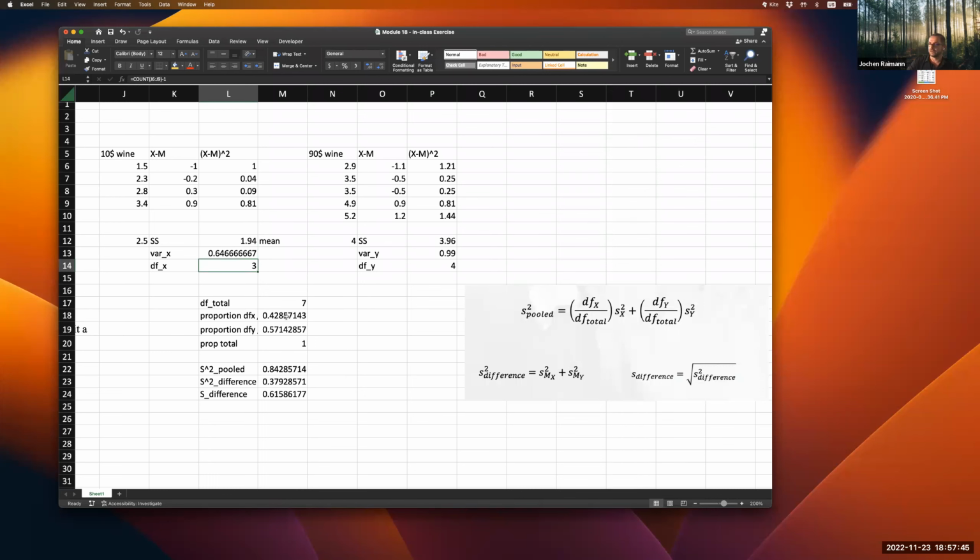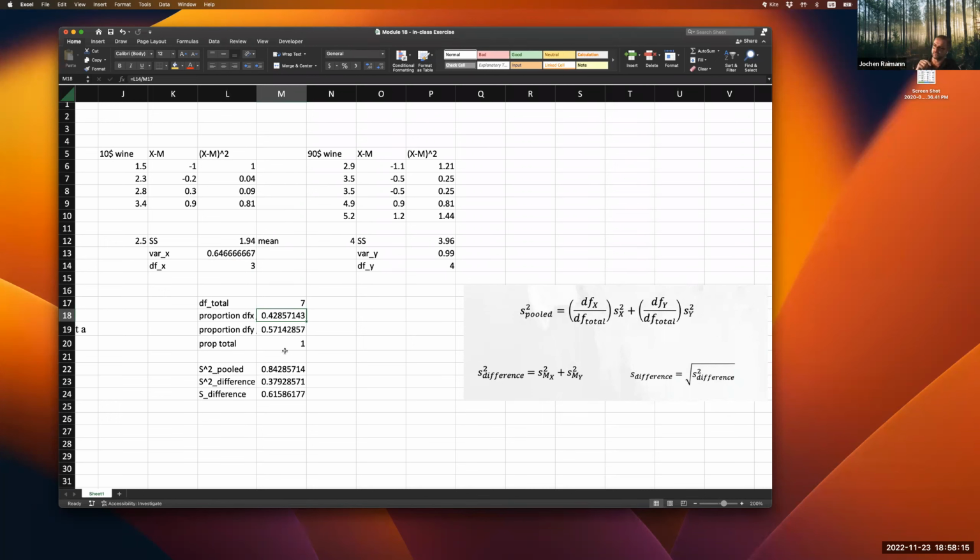And we are then calculating a pooled variance by multiplying this proportion derived from the degrees of freedom, as a proportion of the total degrees of freedom, multiplied by the variance, thereby giving a weight to the respective variance from that sample, and then adding it with the weight from the second sample multiplied by the variance of the second sample.